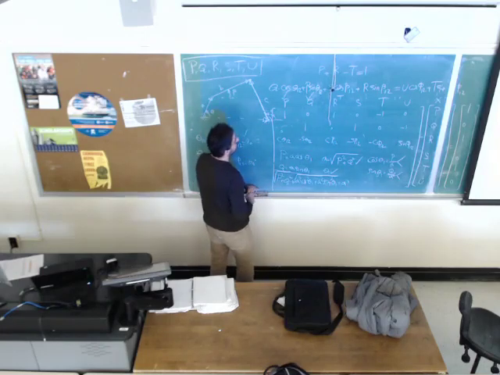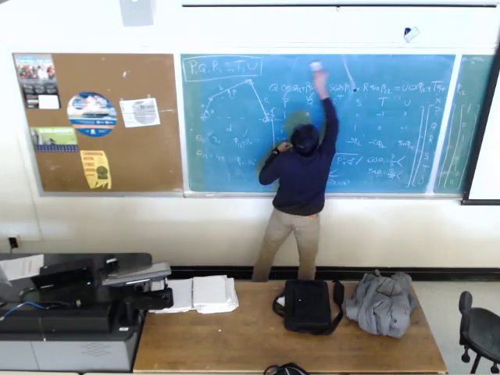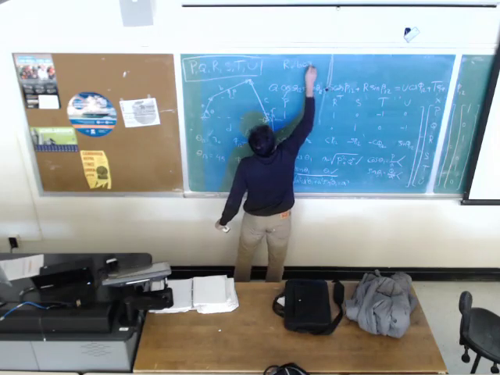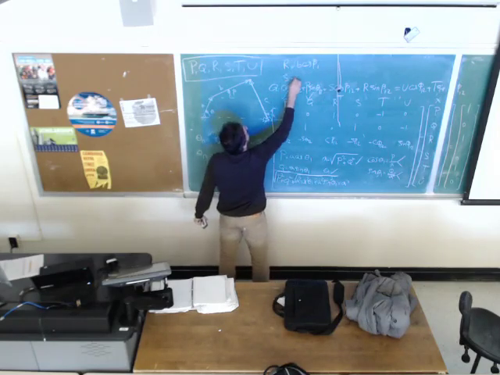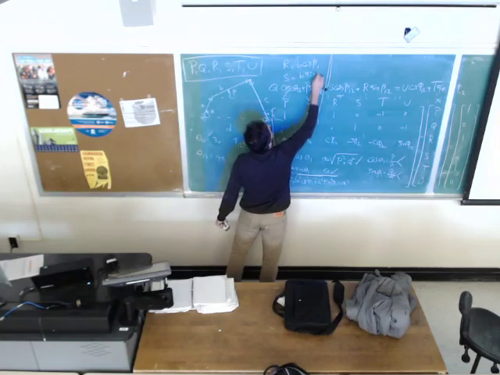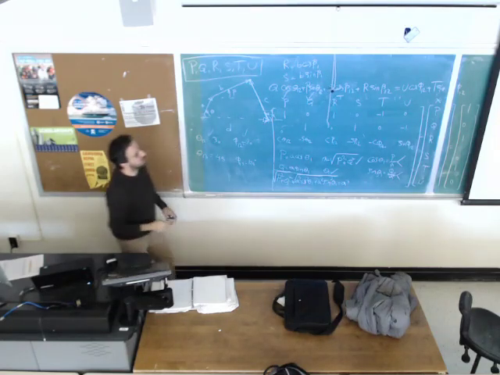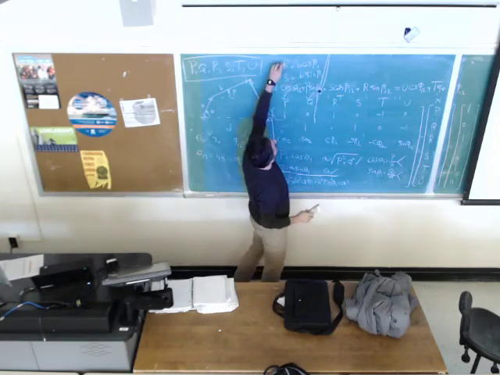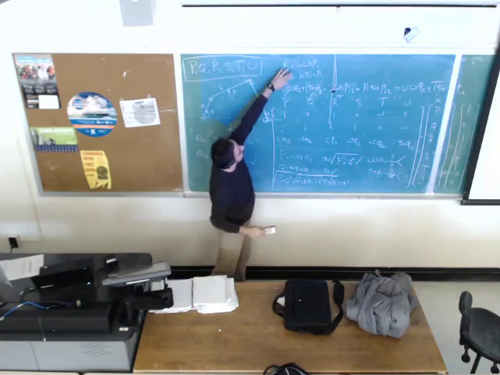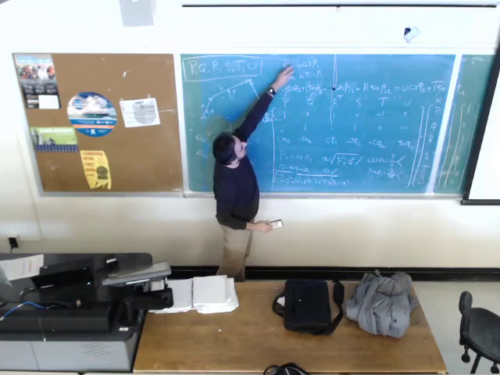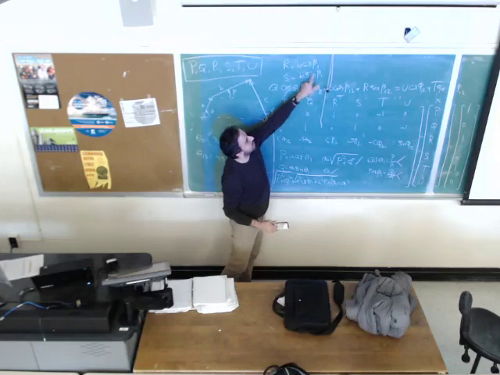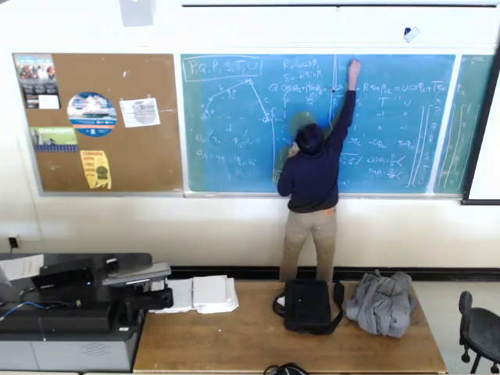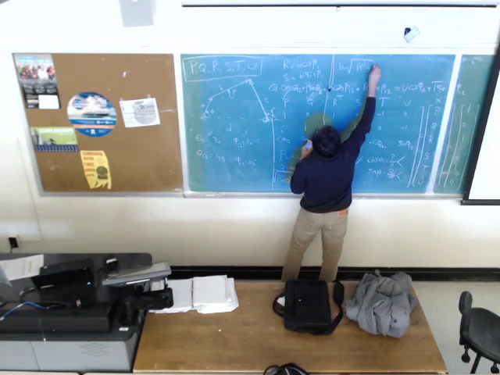R, if you remember, was B cosine of beta 1, S was B sine of beta 1. Same logic, R and S, like P and Q. If I square both sides and add them up, I can get rid of beta 1, so I can find B. B would be the square root of R square plus S square.